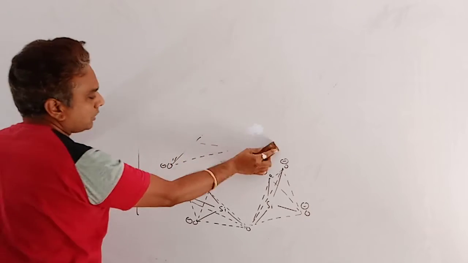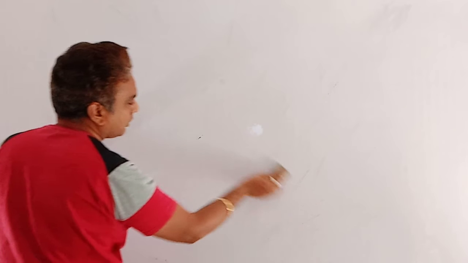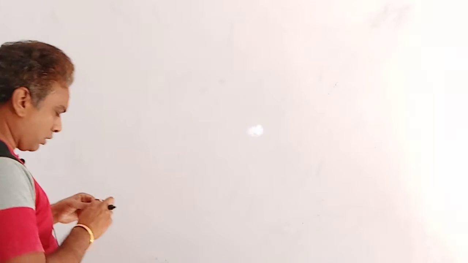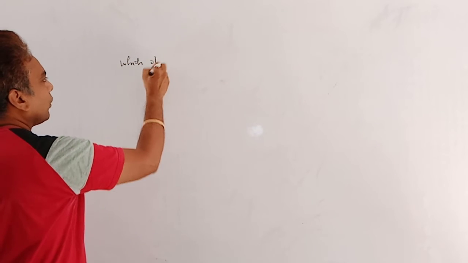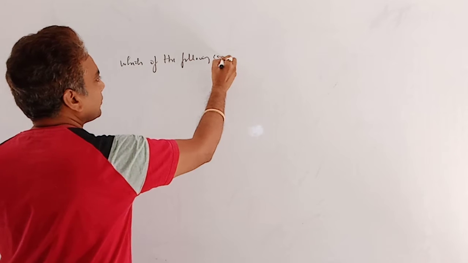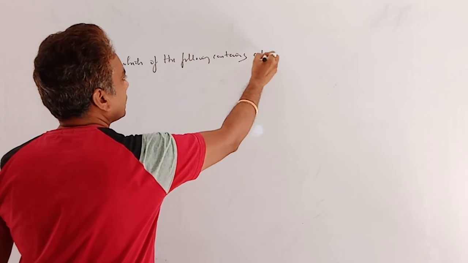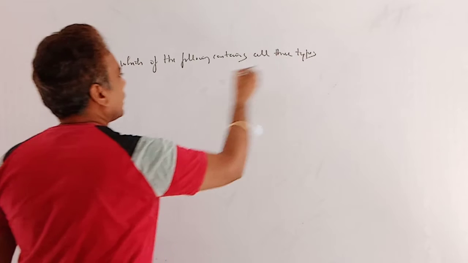By using dot structure, objective questions can be asked like this. Suppose one question is, which of the following contains all three types of bond?